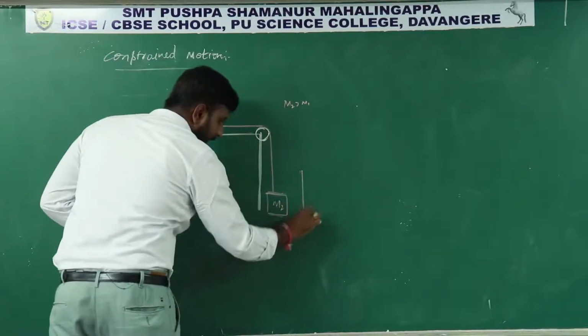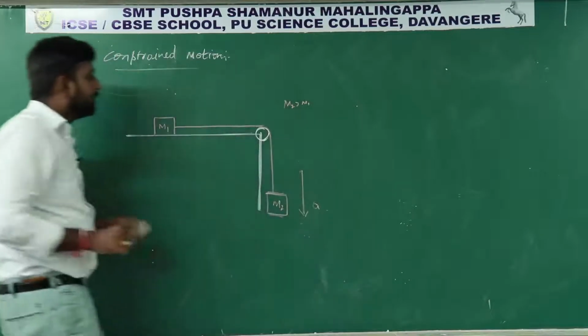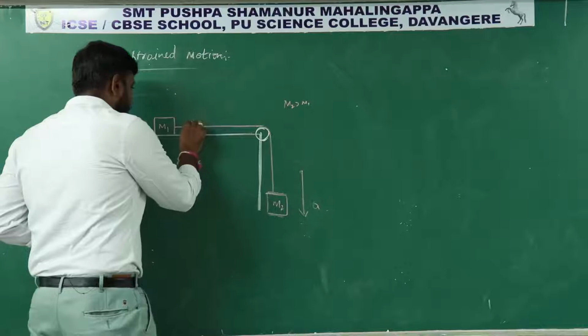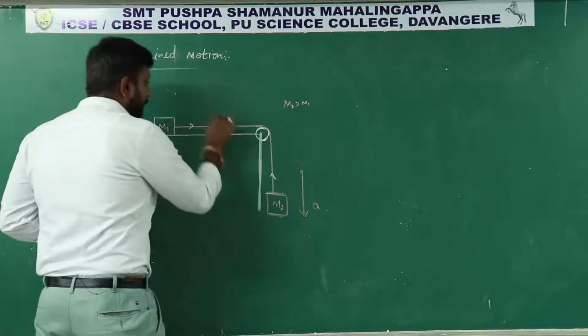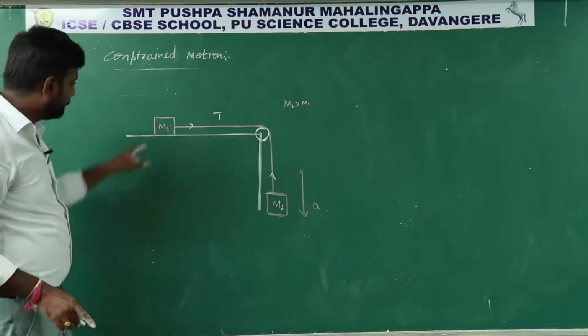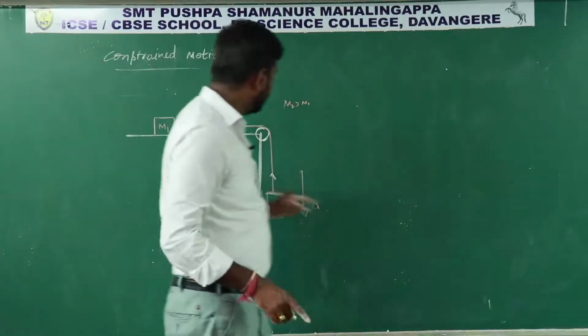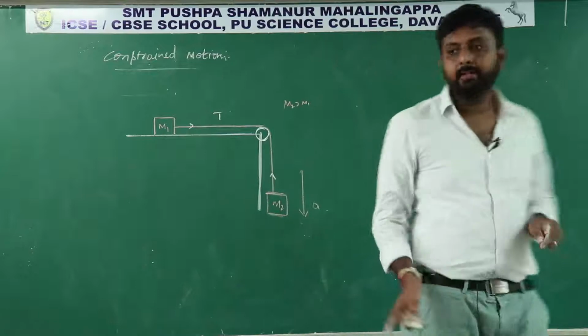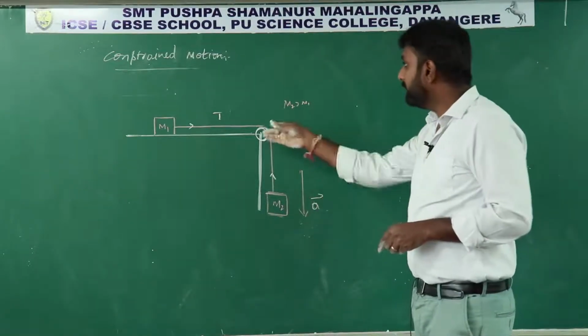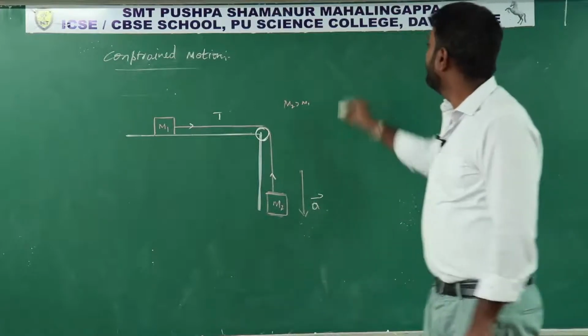So the acceleration is downwards. Only one string. So tension throughout the string remains same. Tension, let us take it as T. Now you have to find what is the tension force in the string and what is the acceleration of the system, a, in this given condition.